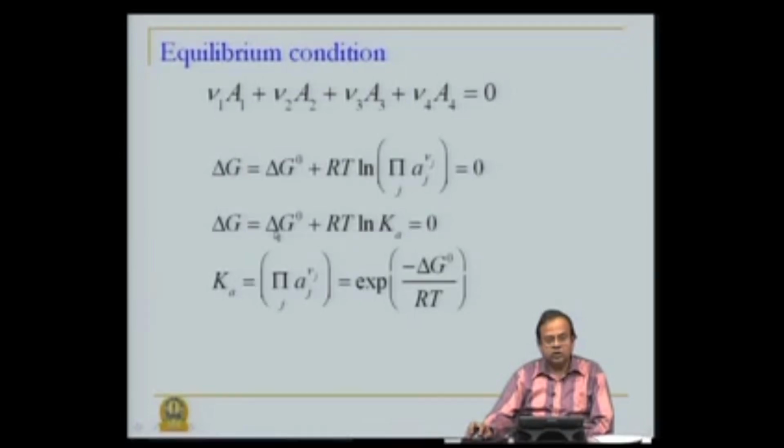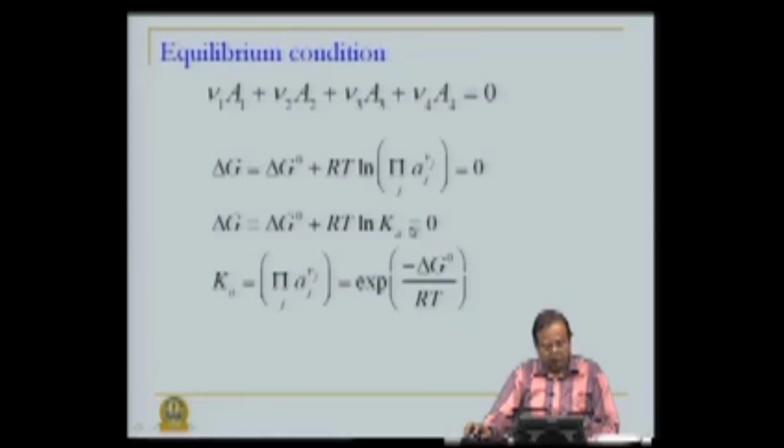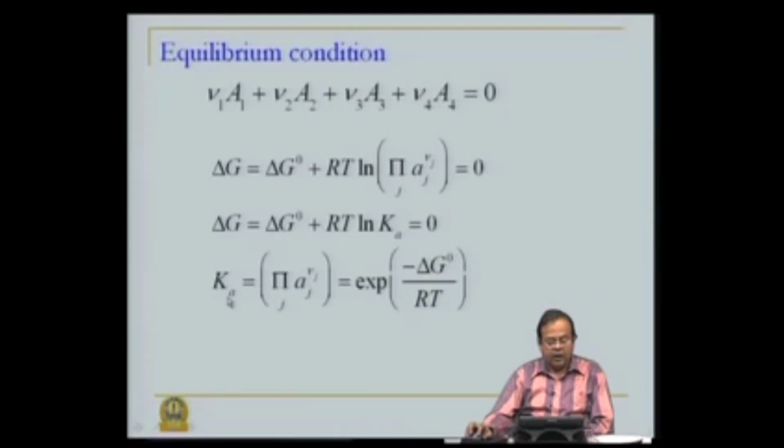So, I write this condition as delta G 0 plus RT ln K A, which must be equal to 0, or K A, which is nothing but this product, is exponential of minus delta G 0 by RT from this equilibrium condition. My equilibrium constant K has the subscript A to say that I am expressing all my activities as A j's.